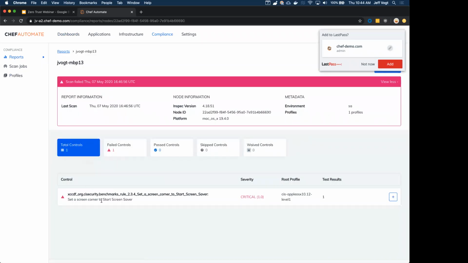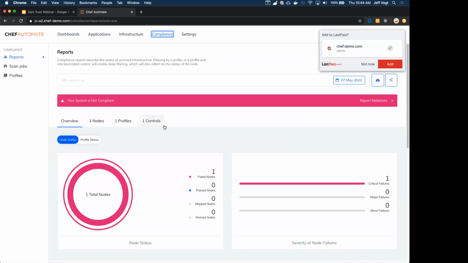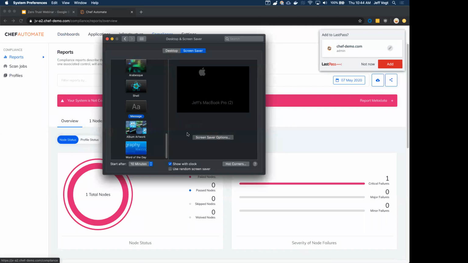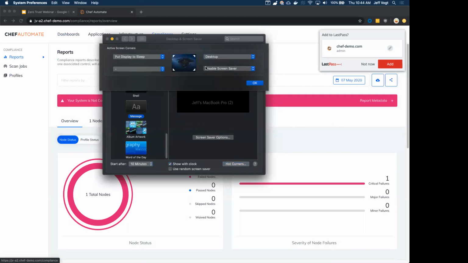I'm only running one test because it's a demo, but wow, I didn't realize turning off that screen hot corner, which is a real CIS benchmark, would do this. I turned that off, and now I'm failing a critical control. So let's remediate that. We'll go back to hot corners and turn that back on.